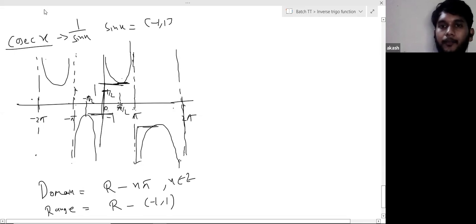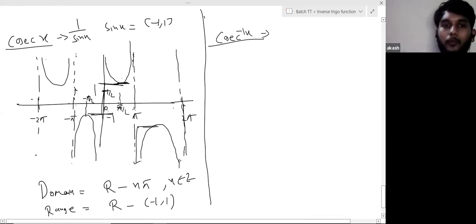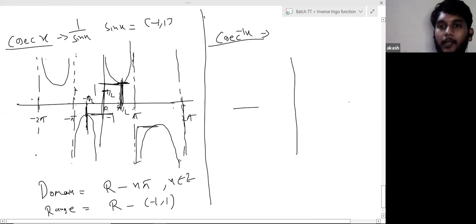In cosec inverse x, we again restrict the graph from minus pi by 2 to pi by 2. So let's draw the points.